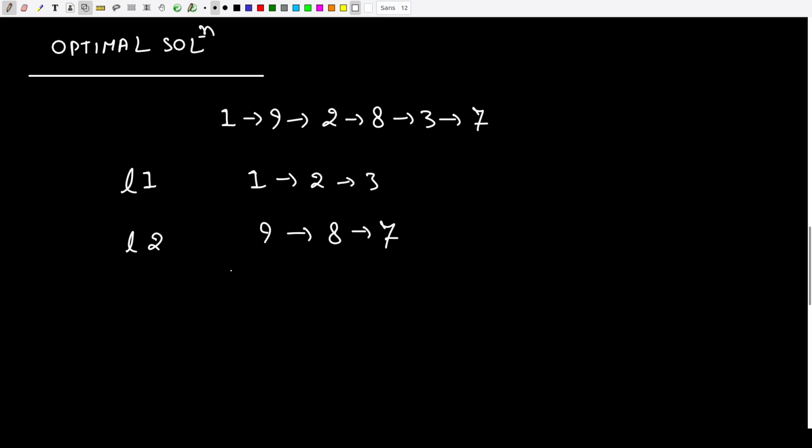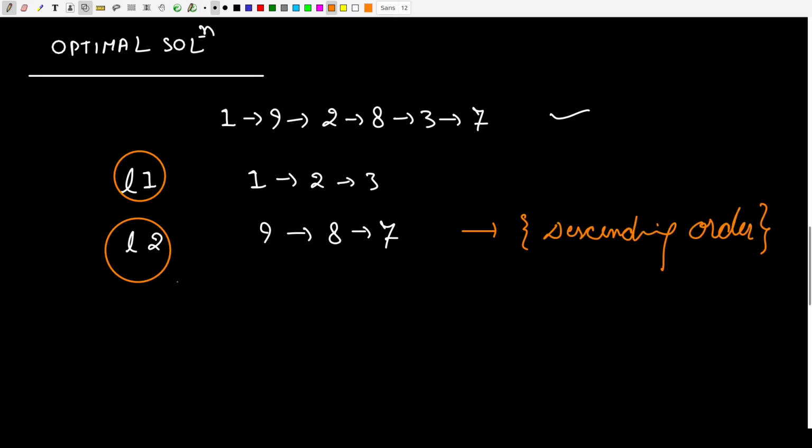So the idea behind the optimal solution is, given the linked list, we are going to break this linked list into two sub-linked lists. So this will be my first sub-linked list and this is my second sub-linked list. And as we know, this second sub-linked list will be in descending order. So what are we going to do with the descending order linked list?